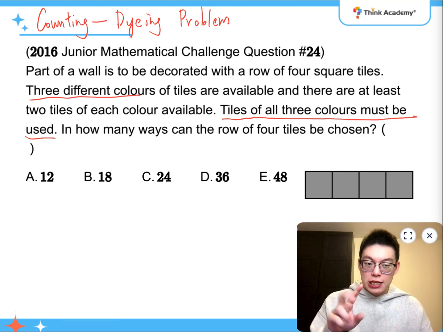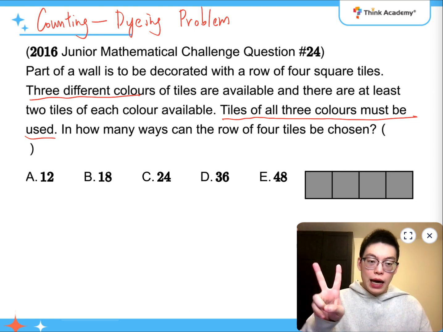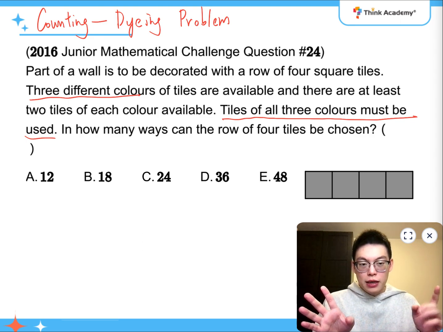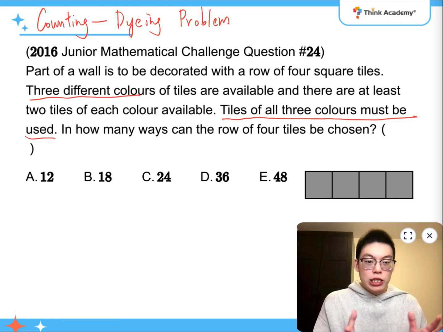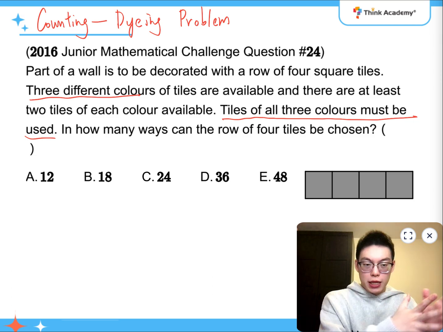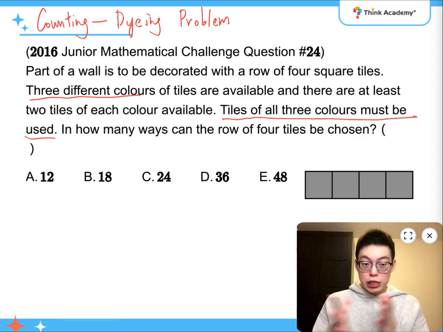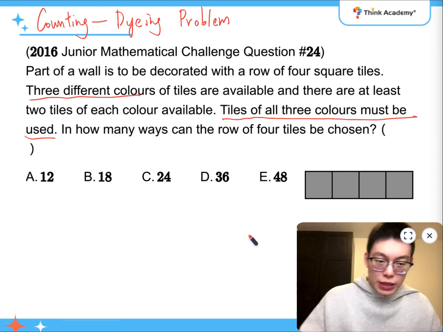One of the sets is going to have 2 tiles. And the other 2 sets is going to have 1 tile and 1 tile, right? And for the 3 colors, I just need to assign them into these 3 sets. And the second step will be investigating how many ways can I assign these 3 colors to the 3 sets. Okay? So these are the 2 steps we can do.